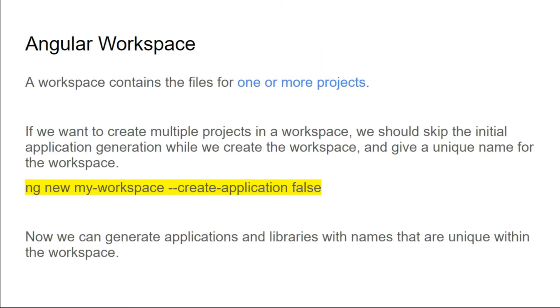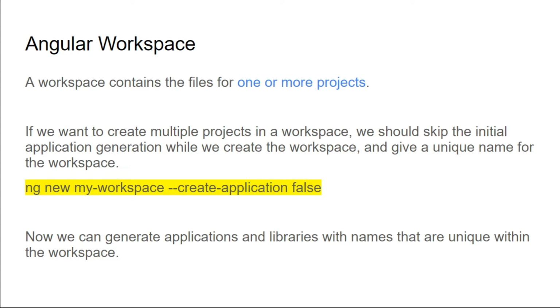In the previous session we learned Angular workspace creation, and what kind of files will be created when we run this command, and the configurations also. We saw what kind of configurations are available in those files.